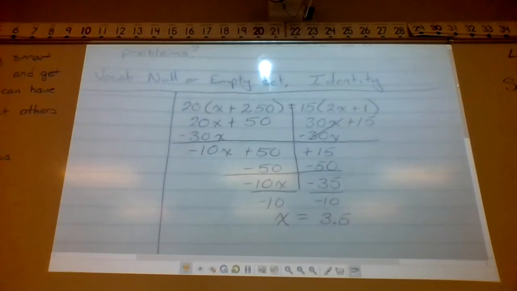Okay? Is that very difficult? It might be a little confusing because that has a lot of steps, doesn't it? I can tell you right now, if you are asked to solve this problem in your homework, you have 1, 2, 3, 4 points just for that. But the instructions also say to check the solution, which means you have 5 points just for this.